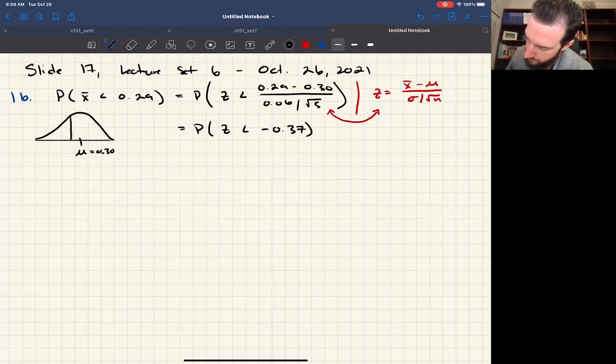Here is our value, which is equal to 0.29. And we are looking for this part here, underneath the curve.